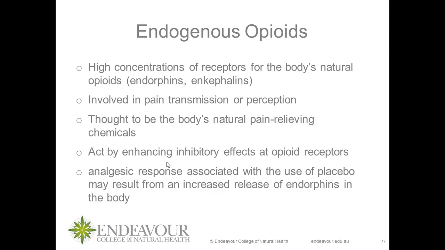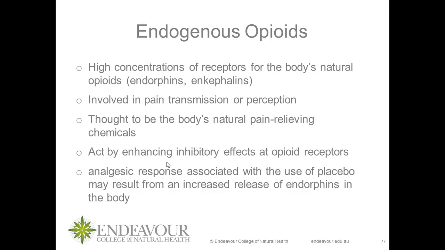Your natural opioids will also enhance the effects of the drugs. But we may not want to use drugs. We may want to use another approach that has a placebo effect. I prefer to say it just naturally uses the body's own ability to block its own pain, the natural opioids, the endorphins and enkephalins.